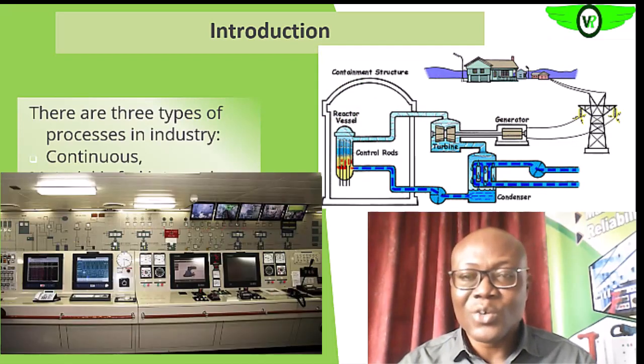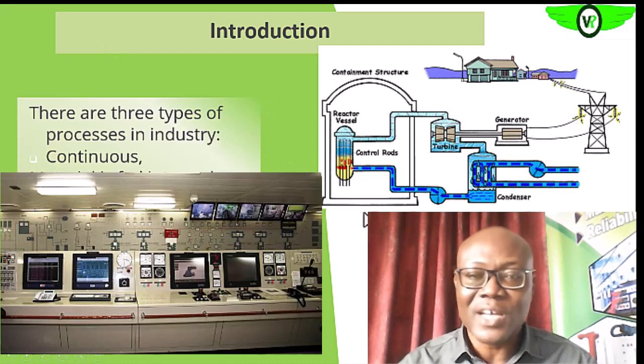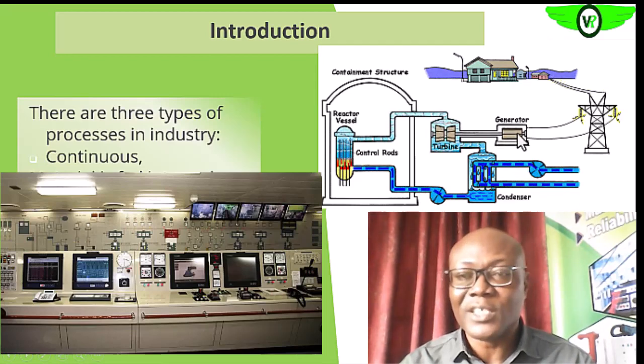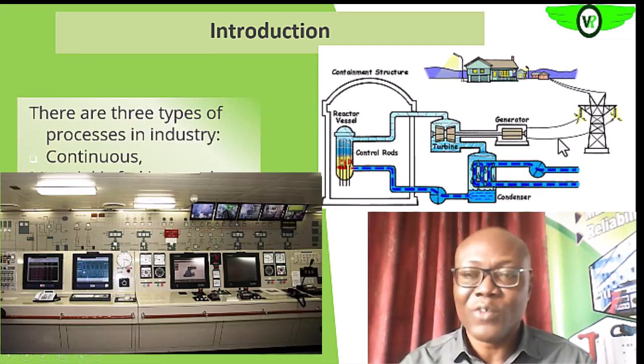Like in this power industry, you see that the water is continuously fed, since we have continuous heat generation at the reactor, so steam is continuously generated and power is continuously given off. That is the product of this process.